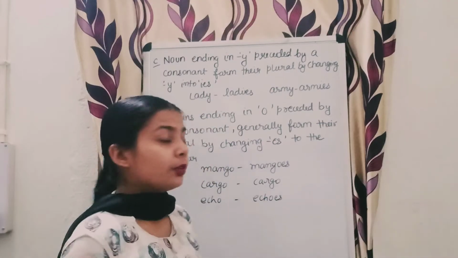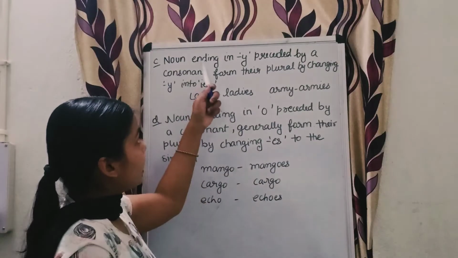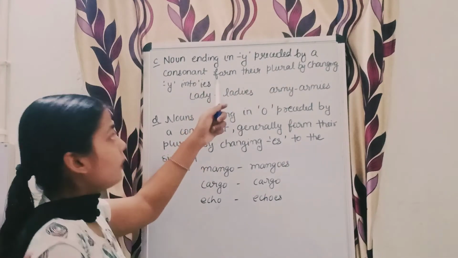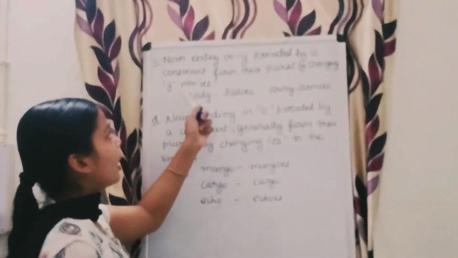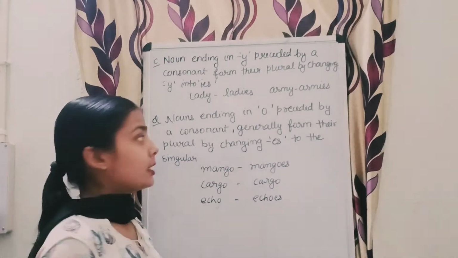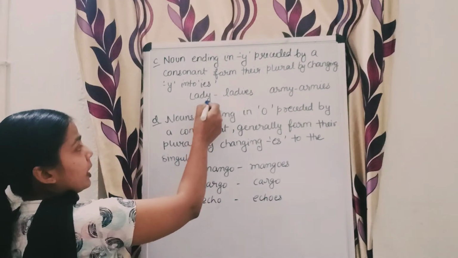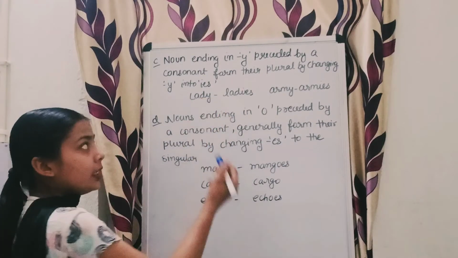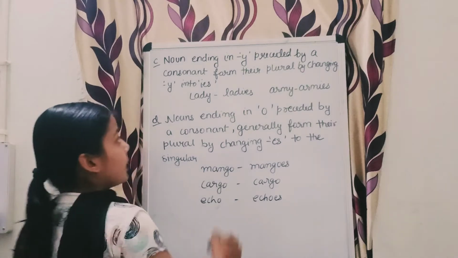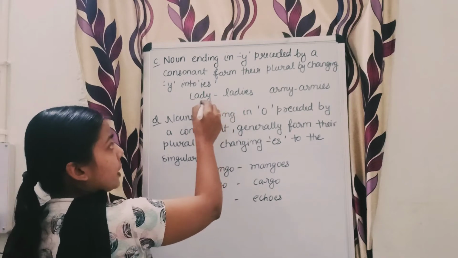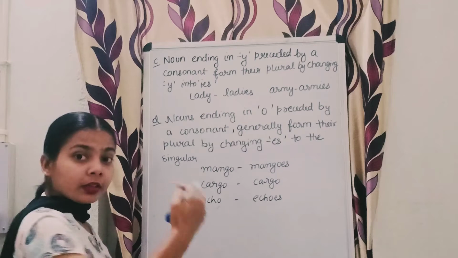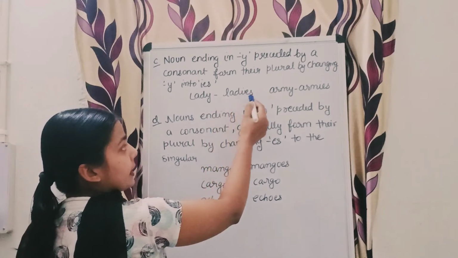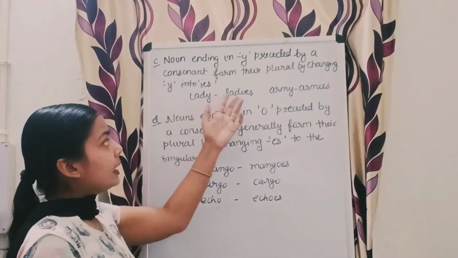So the third type is when a noun ending in y preceded by a consonant forms its plural by changing y into ies. Means when any noun ends in y and it is preceded by a consonant, then this y will be converted into ies, like lady, ladies.